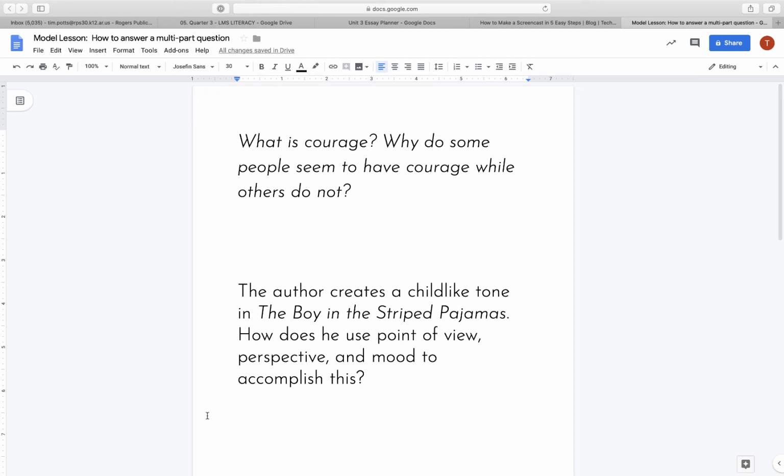Show you how to answer a multi-part question using the RACE format. When we answer open response questions, most of the time it's just one question that we're answering. And so far this year, there's really just been questions that have one part to them.